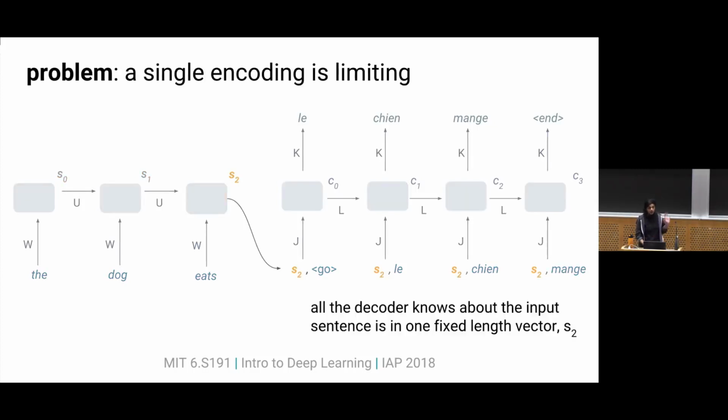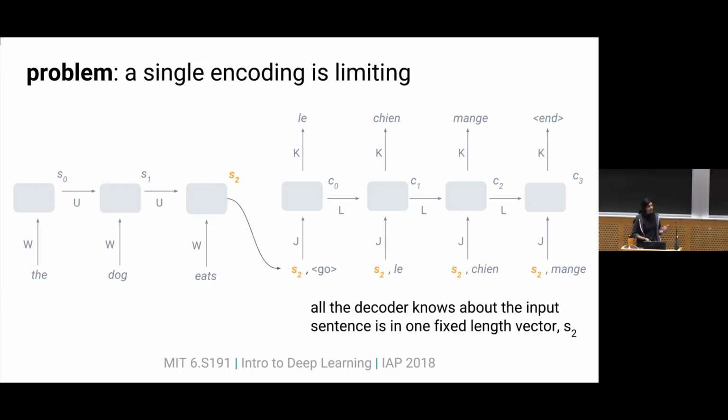Notice in this architecture that the only information passed from the encoder to the decoder is the final cell state. And the idea is that that final cell state should be kind of a summary of the entire encoder sentence. And given that summary, the decoder should be able to figure out what the encoder sentence was about and then produce the same sentence in a different language.